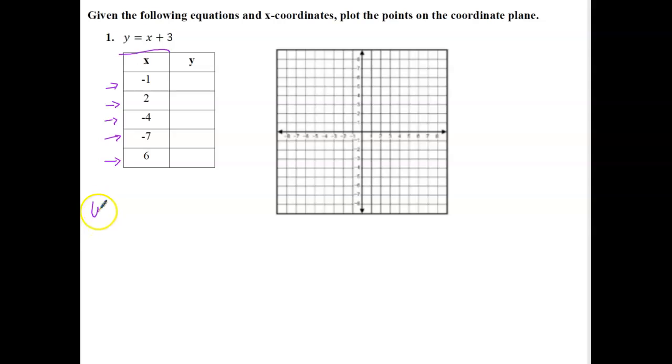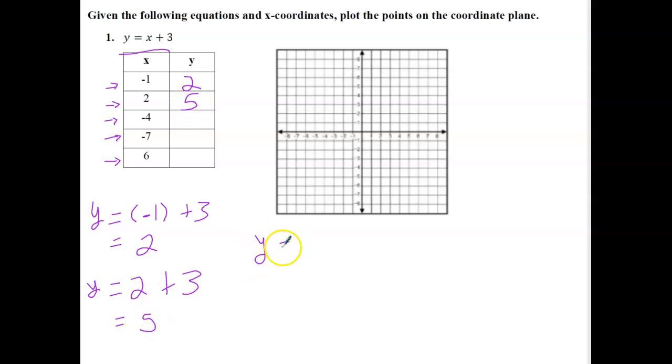So the first thing we're going to do is y equals -1 plus 3, and that's going to become +2. Next, we're going to plug in y equals 2 plus 3, which gives us 5.